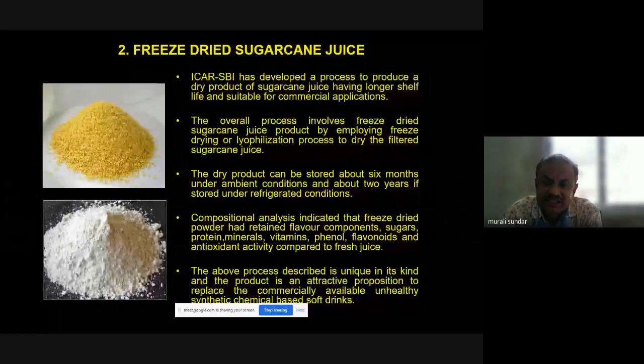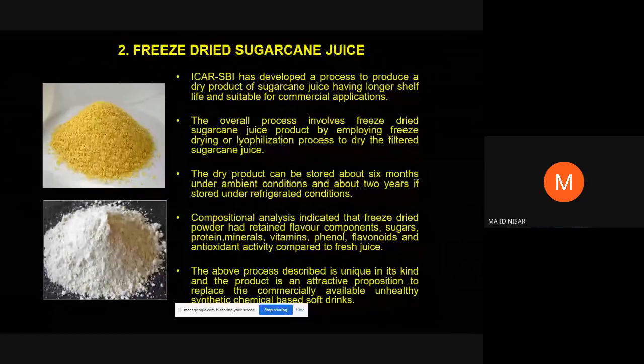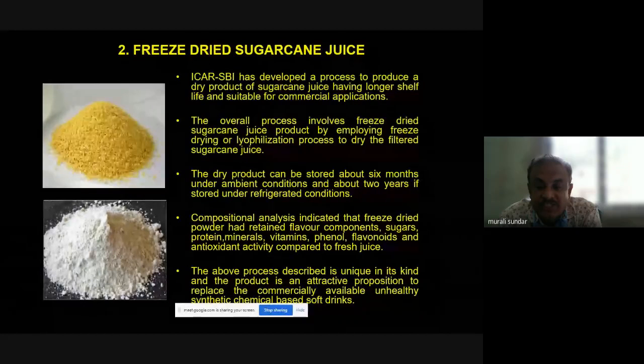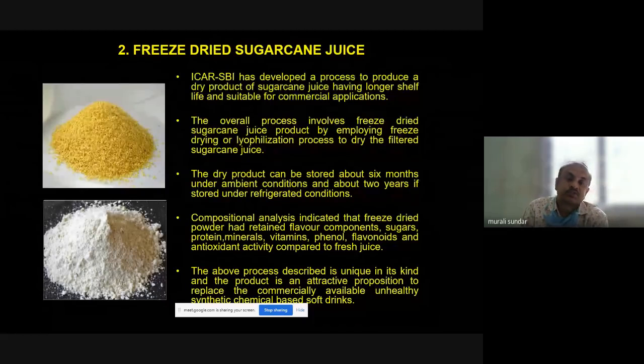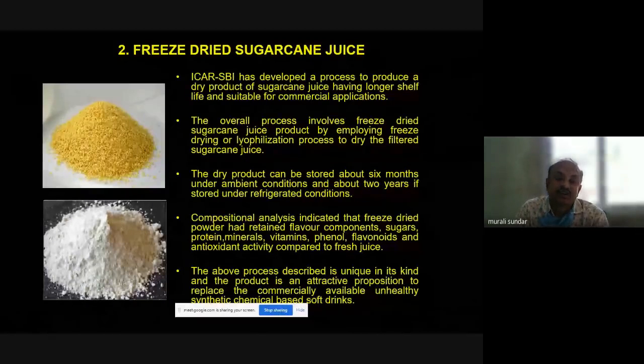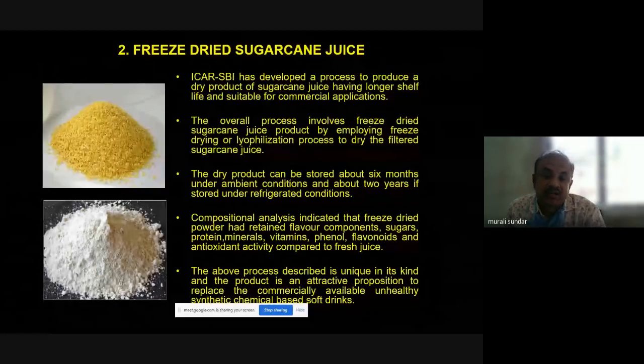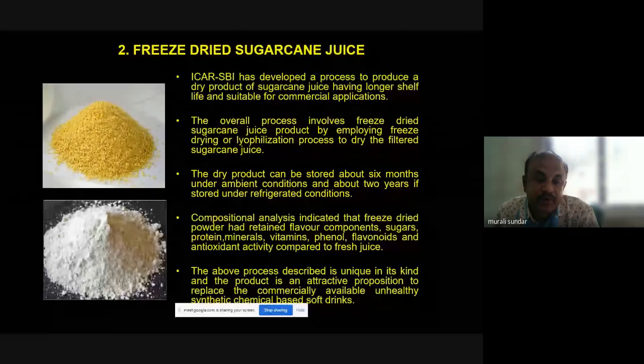The above process is unique of its kind, and the product is an attractive proposition to replace the commercially available unhealthy synthetic chemical-based soft drinks. It is a perfect substitute for whatever soft drinks are available in the market.